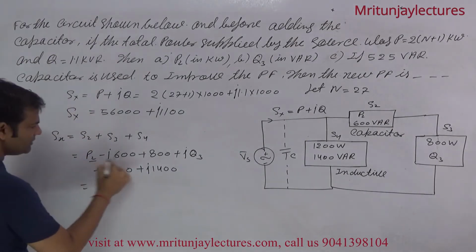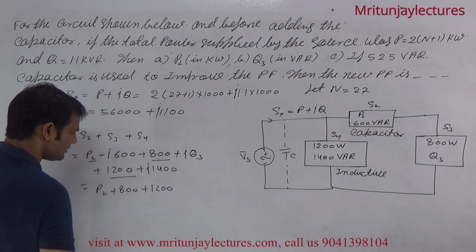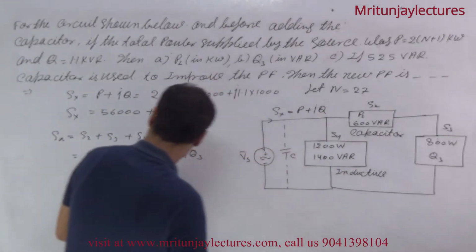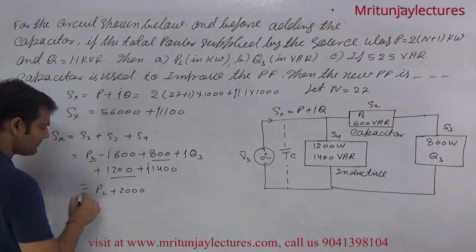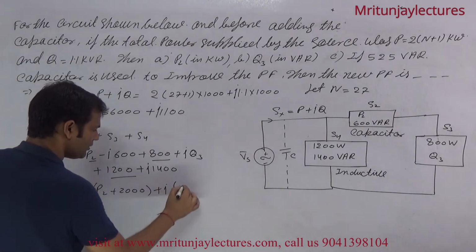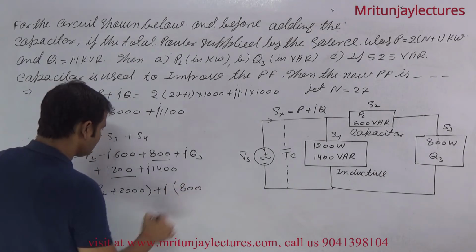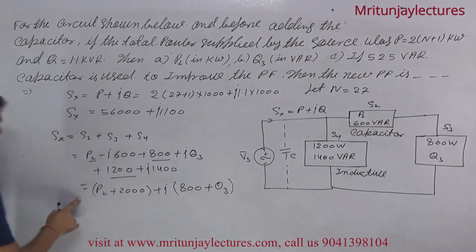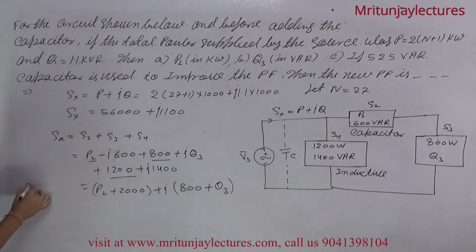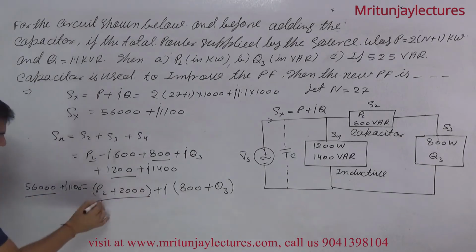Finally written as P2 plus 800 plus 1200, plus j(1400 minus 600 plus Q3), this be equal to 56,000 plus j1100. So compare this one with this one.